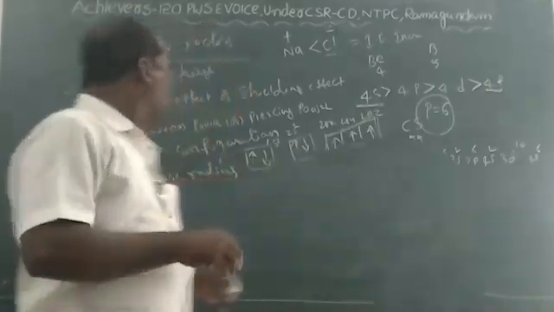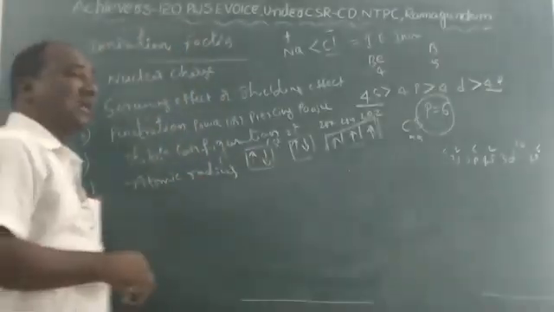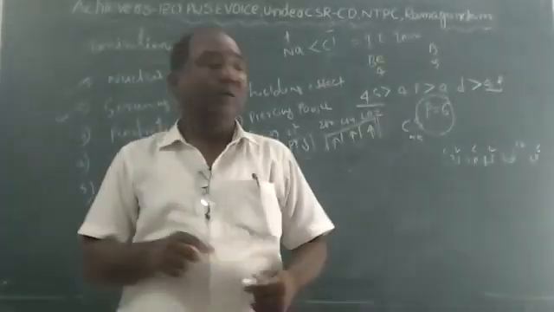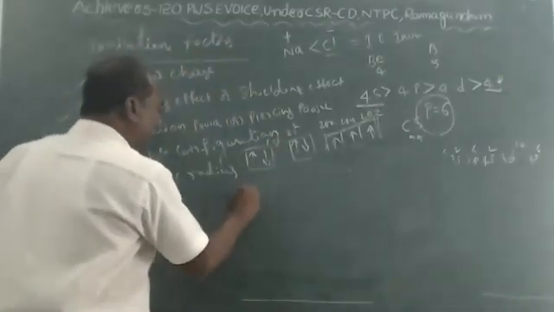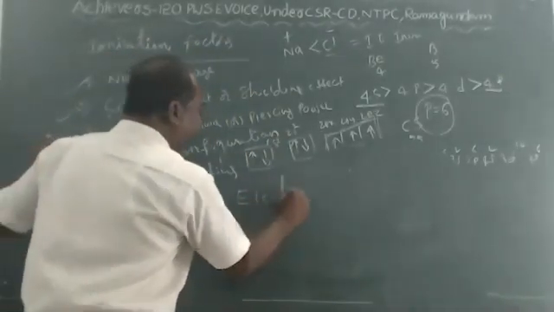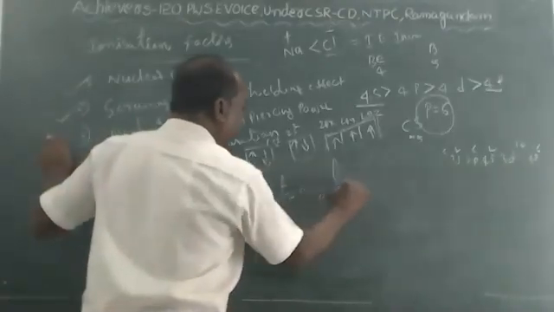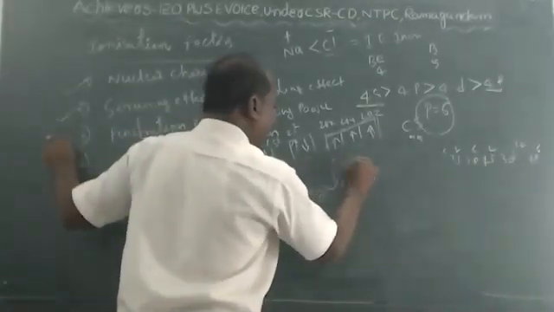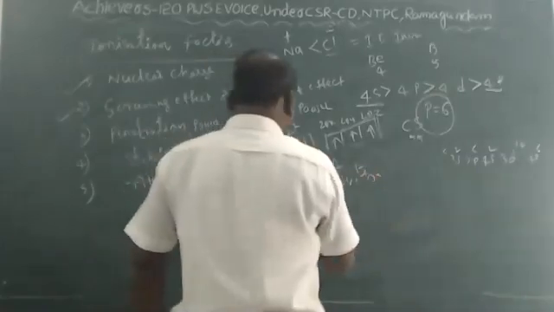So finally, if you want to find the electronegativity, there is one formula, children.